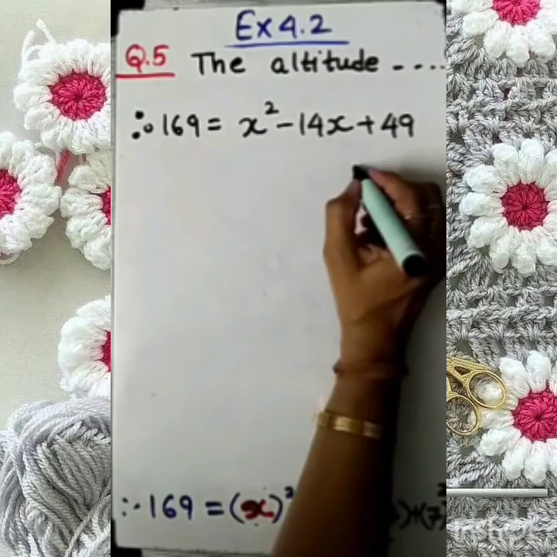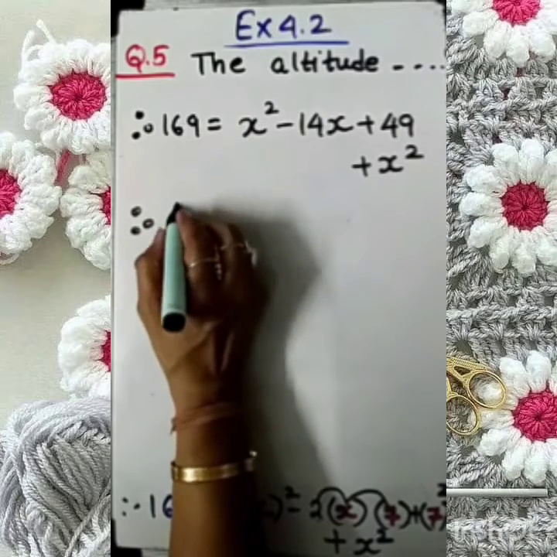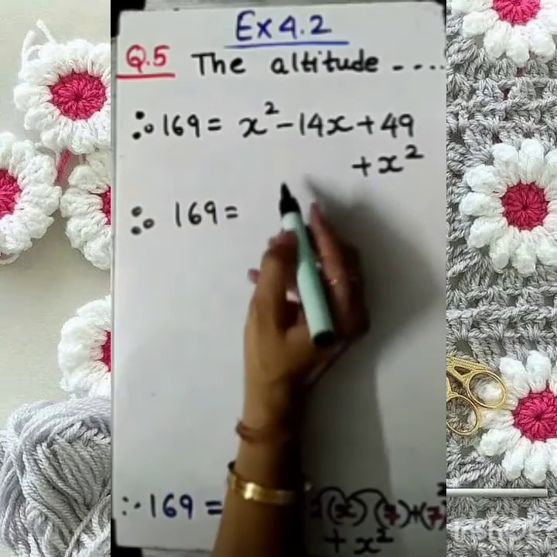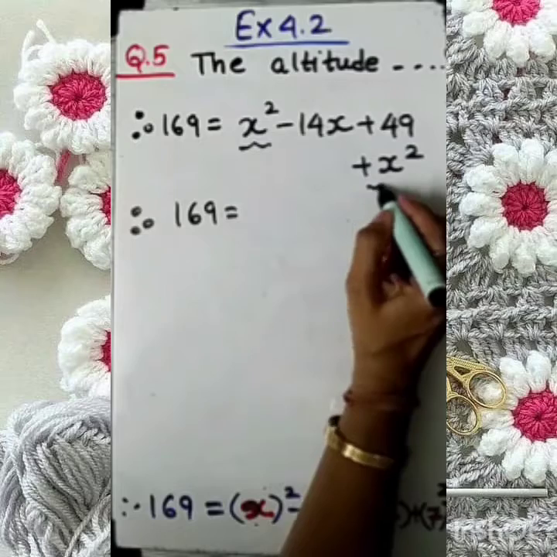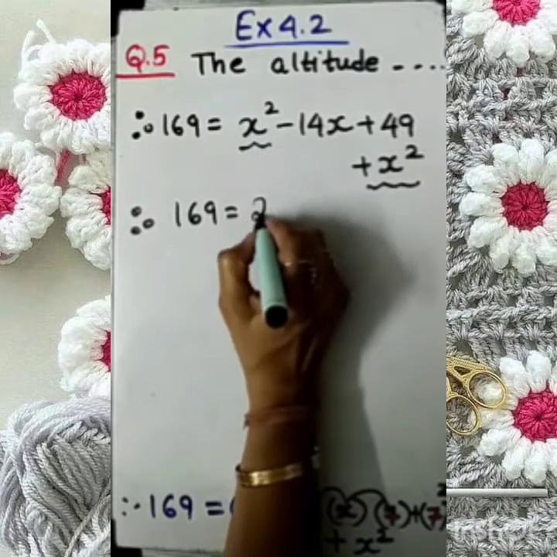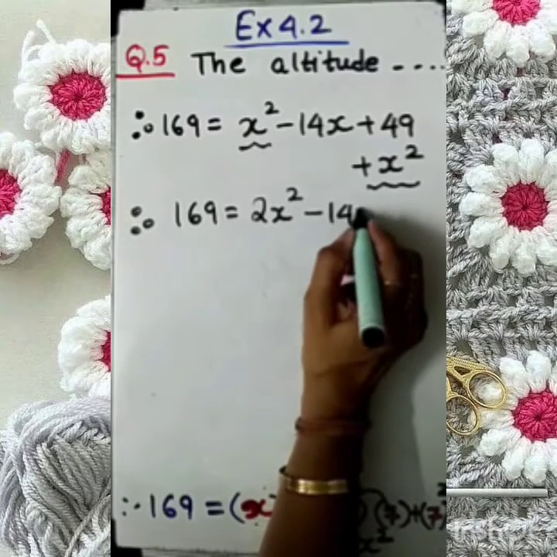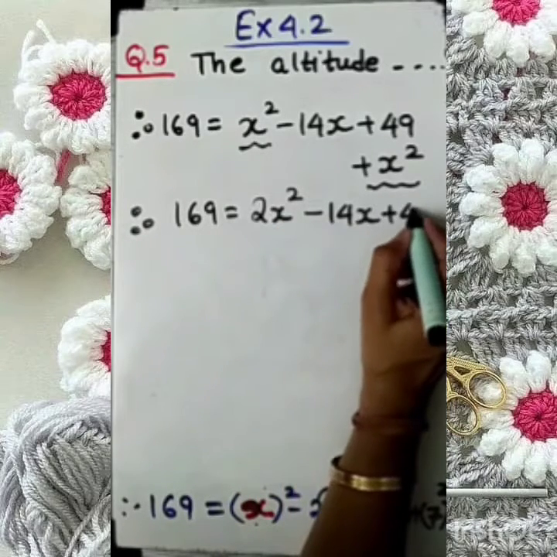And this plus x square is already there. Now let's simplify carefully. 169 is already here. Now x square plus x square, same sign, like terms, 2x square, minus 14x and plus 49.